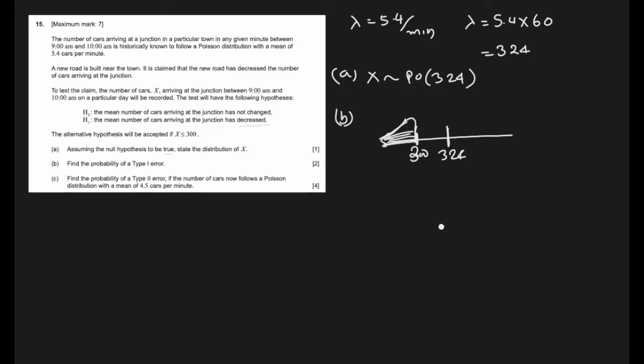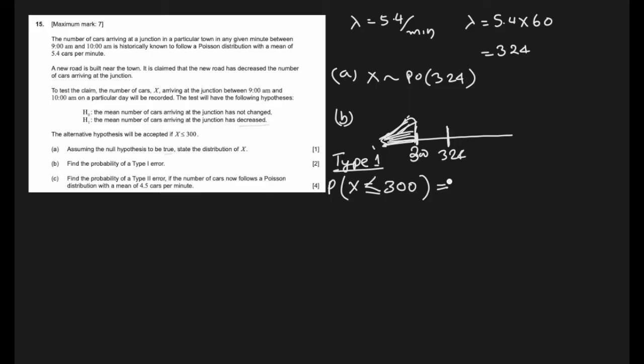Okay, so now we have to find for x less than or equal to 300, what is the probability? This will be the type 1 error. Type 1 error is when it is true, but we call it false, and we'll call it false for this region.